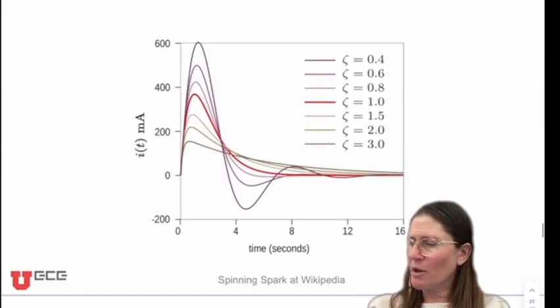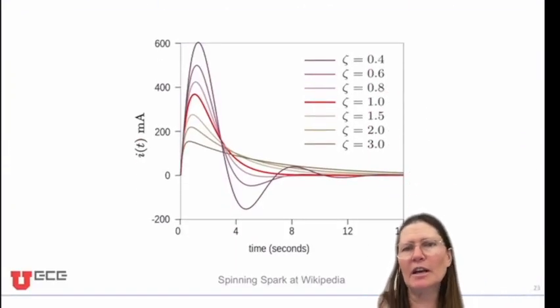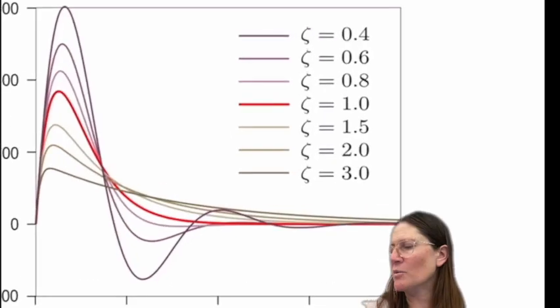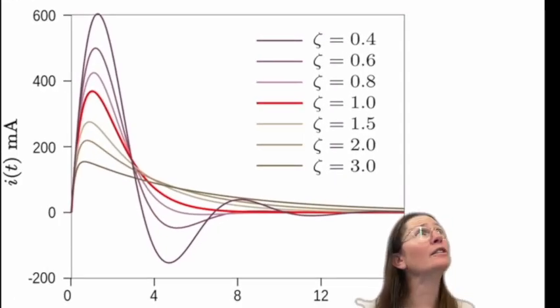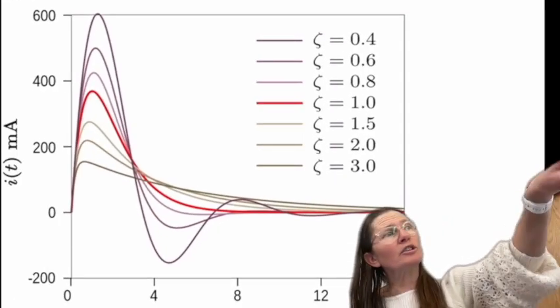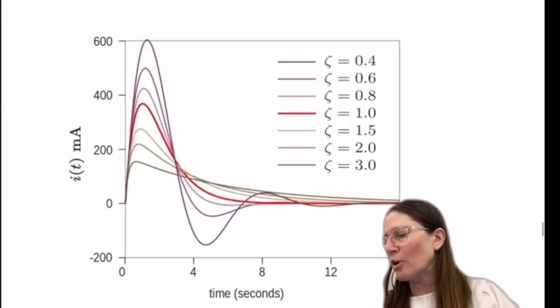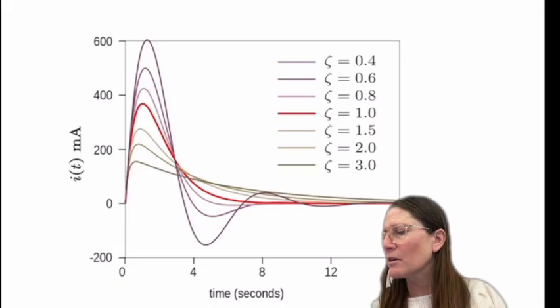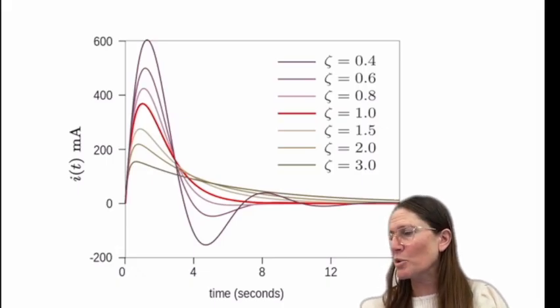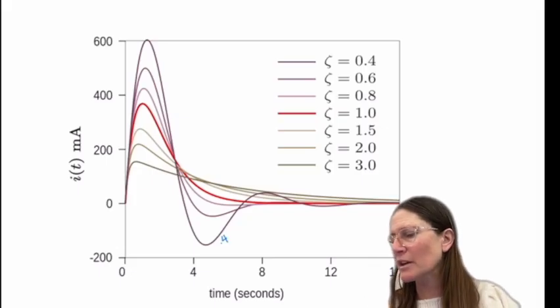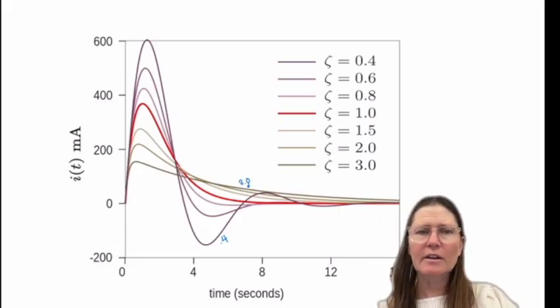So that damping coefficient ends up giving us a wide range of how the actual oscillation is going to look. So for 0.4, which is the lower values, versus this is like 3.0 is this line there.